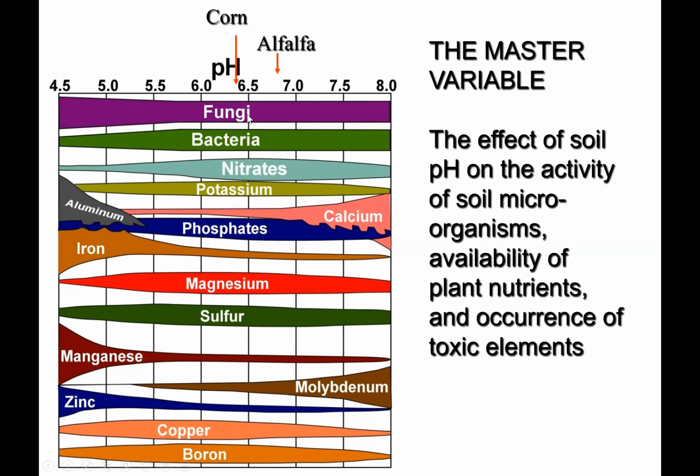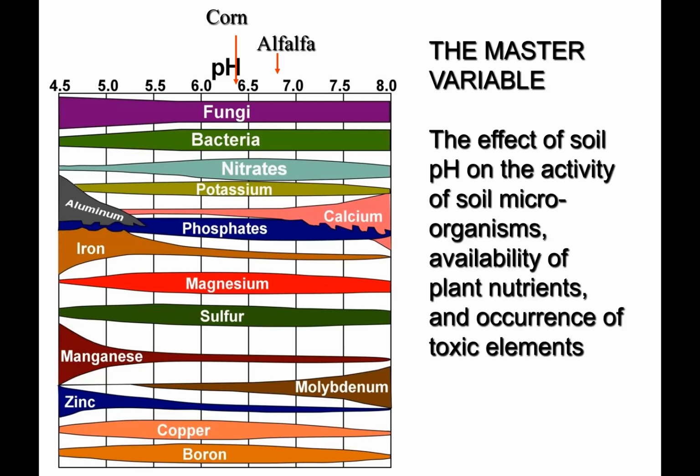The larger these bars are, the more available they are to plant uptake, and we're catching the fattest part of most of these bars around a 6.5 pH. When we drop below 5.5, we see aluminum and iron become more available. They're fatter, and they're tying up our phosphorus. So when we reduce our pH, we reduce phosphorus availability. If we get too high, we start tying up phosphorus with calcium.